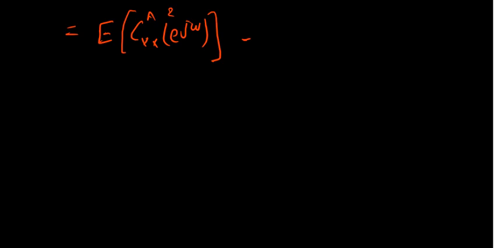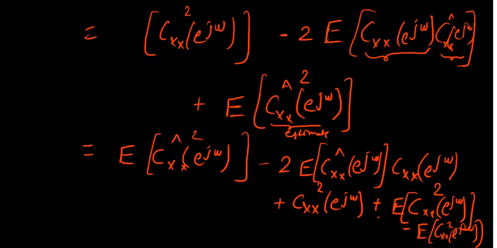So the first term was E of Ĉxx(e^{jω}) squared, and what we added is the expectation of Ĉxx(e^{jω}), the whole square. Just don't get confused: the square is not for Ĉxx(e^{jω}), it is the square of the expectation.